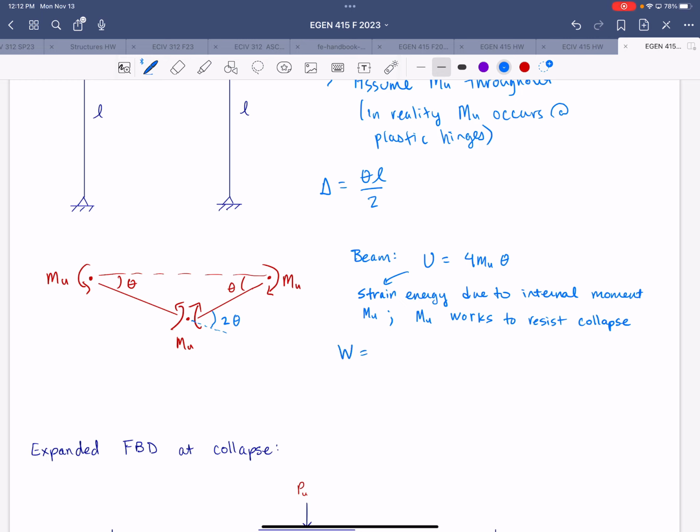For the external work, we just have PU times delta, or PU times theta L over 2.